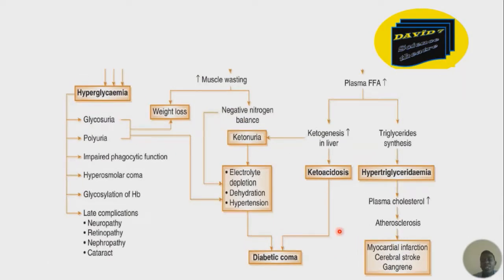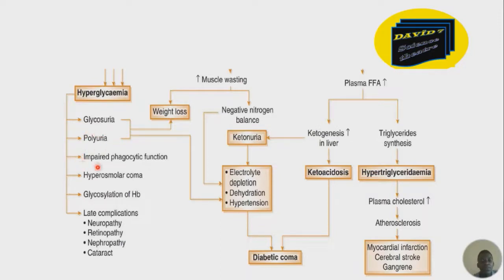What is the effect of hyperglycemia? I want you to come with me. Don't stay behind. When you have hyperglycemia, and the muscles are wasted, and the plasma free fatty acids have increased, the increase in glucose in blood will cause glucosuria. You have glucose in urine. You have polyuria.